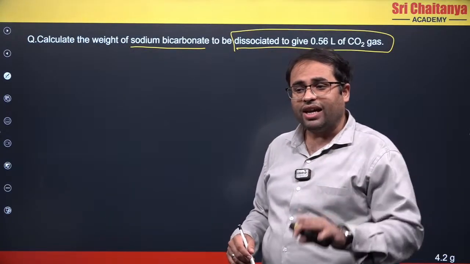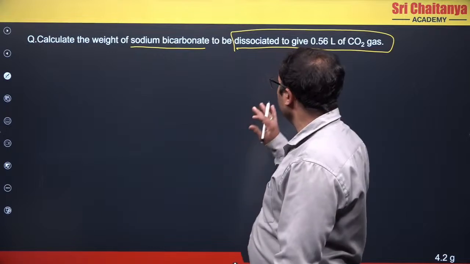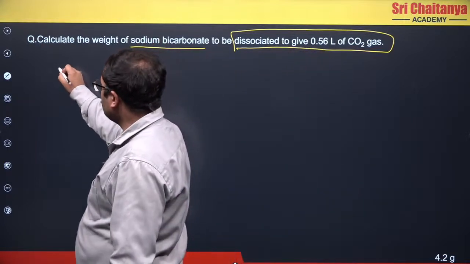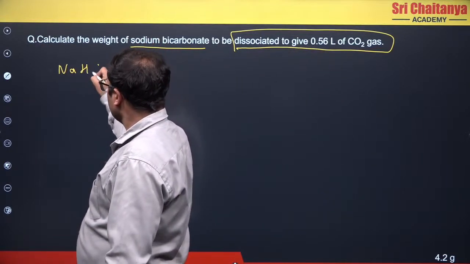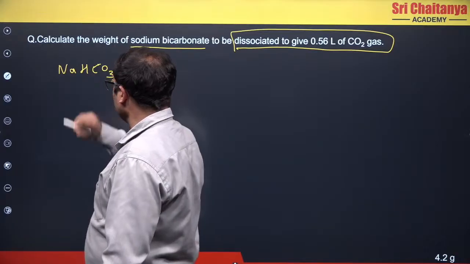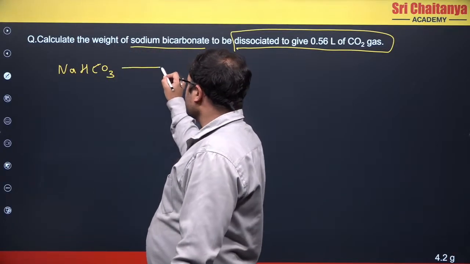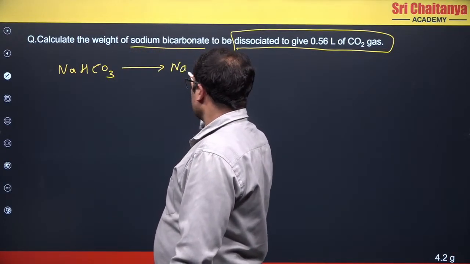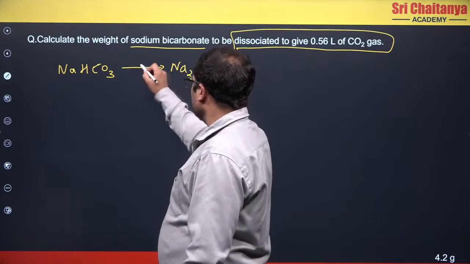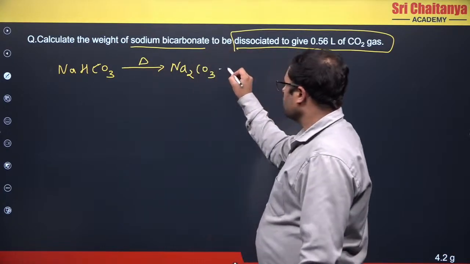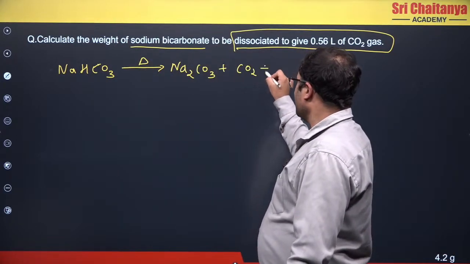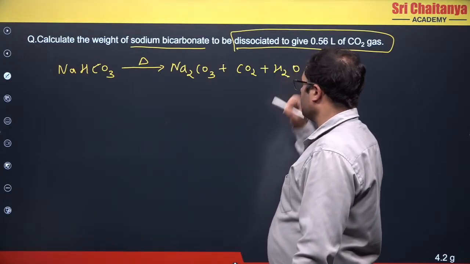First and foremost, write the balanced chemical equation. So how will you do that? You have sodium bicarbonate. You should know the formula. Now when it breaks up, when you heat it, it forms sodium carbonate, carbon dioxide, and water, right?